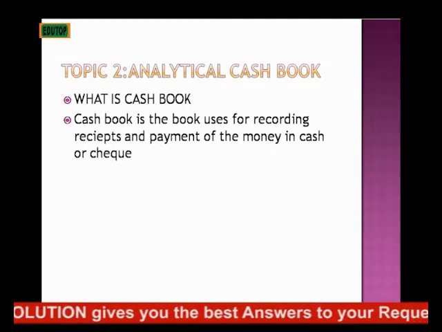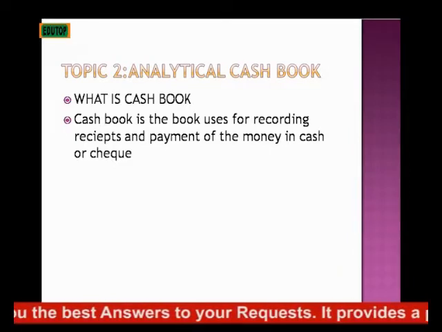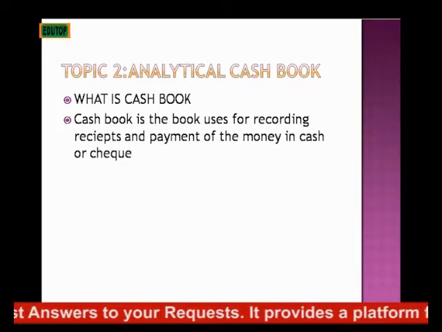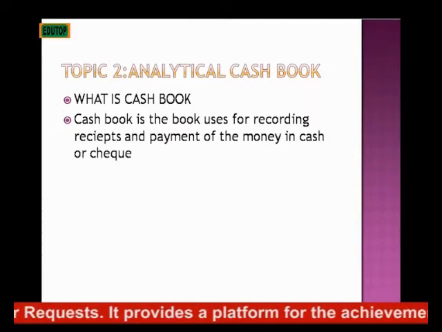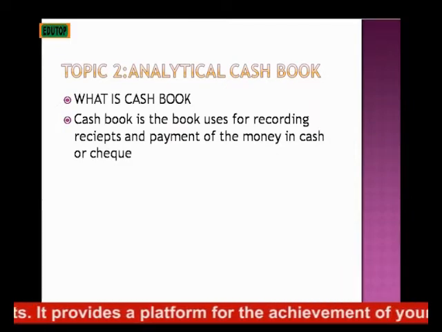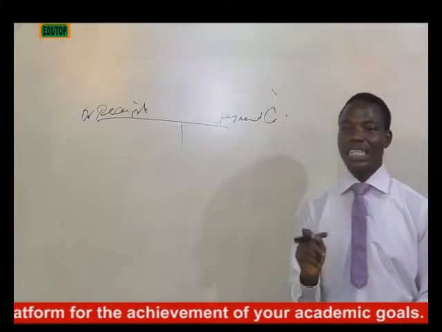Anything that you receive must be on the receipt side, and any money that goes out from your account must be on the payment side. Note it, any item that has to do with cash.